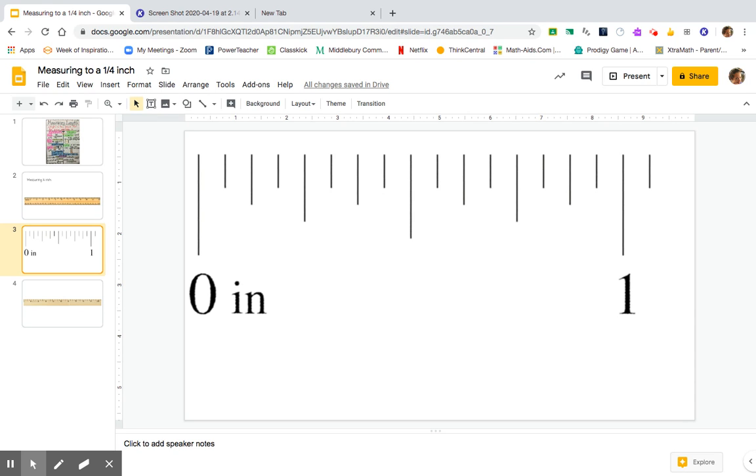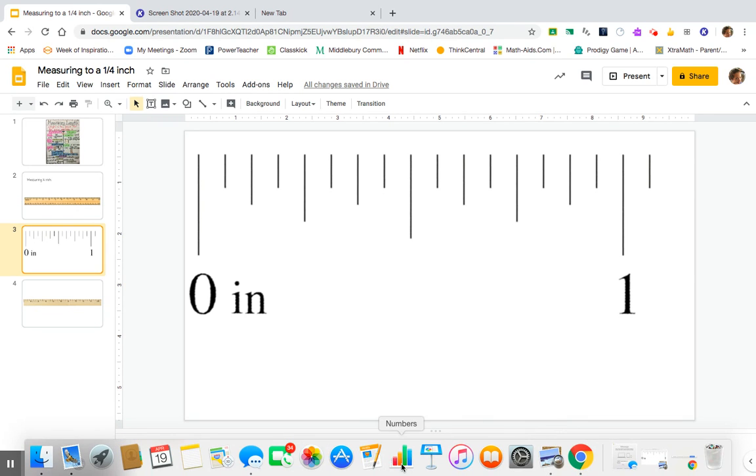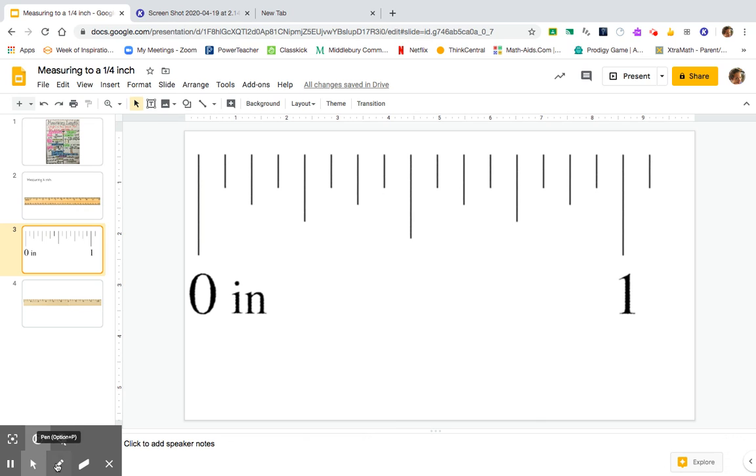But we're going to be talking about fourths. So that means our whole inch needs to be broken up into fourths. And you're probably thinking, well, how can we do that? I see 16. How can we make it fourths? Well, I'm going to show you quickly how we would do that with my little pen tool. I have my whole numbers 0 and 1, and I'm going to break up this whole inch into just 4 equal sections.